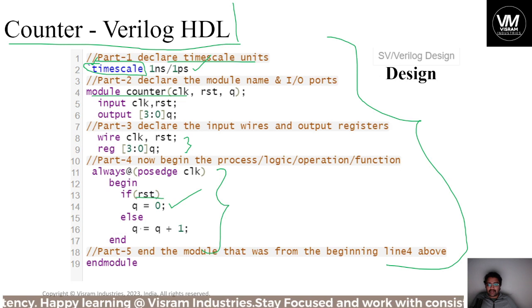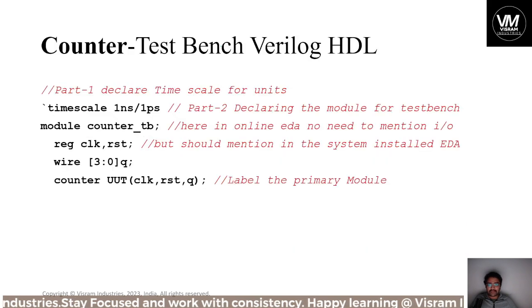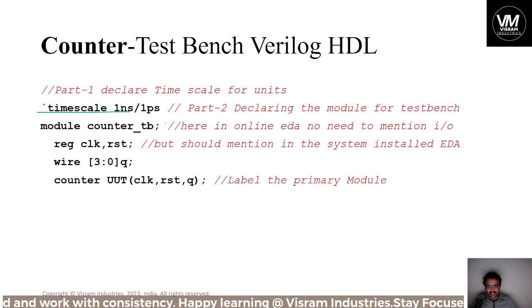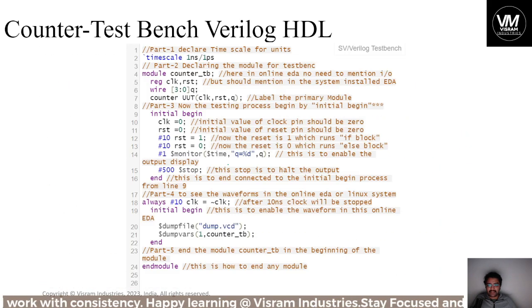Now the counter has Q equal to Q plus 1, which increments the value. This is an up counter. And end the module. For the test bench, what do we have to write? I think I have given the test bench here. I have just written it in a separate format, but you can see the test bench here.